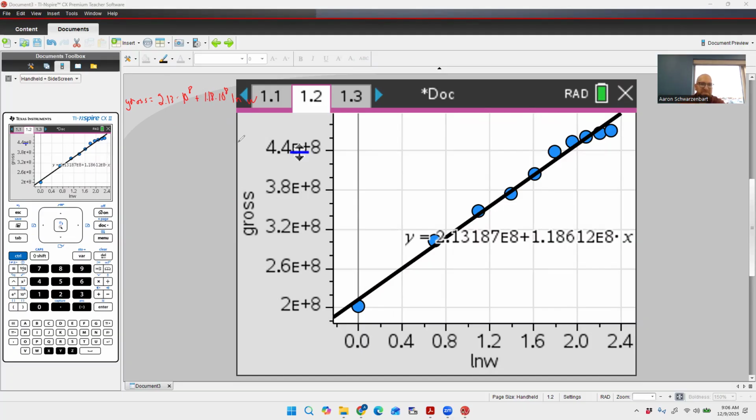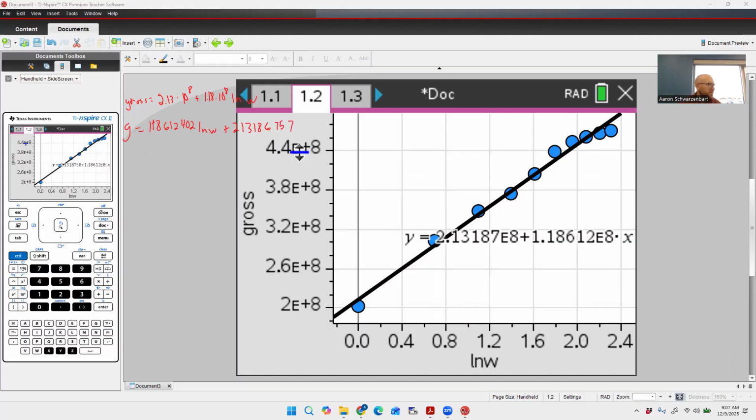Did they want to do anything like that? Well, I guess we want it to be a logarithmic equation, so they wrote it out with actual numbers: 1861240 ln w plus 213186757.